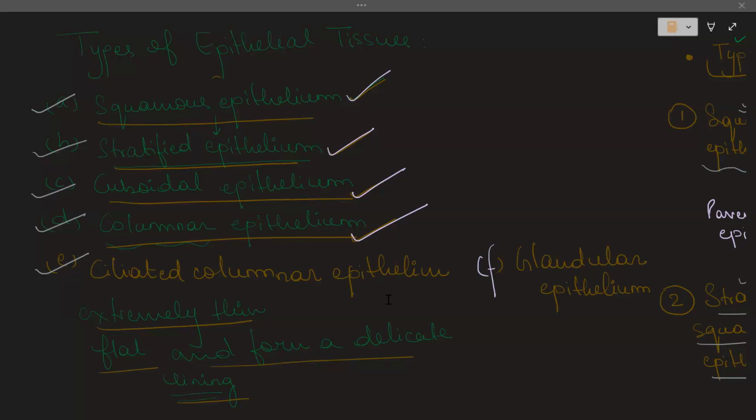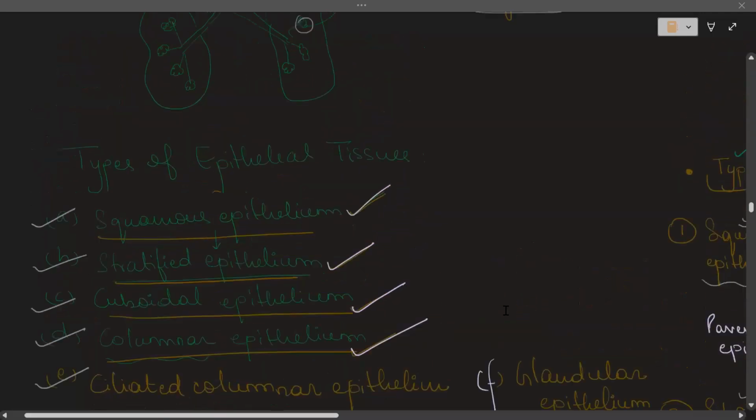Okay. Now, furthermore, we'll talk about the function and everything of each of the different kinds of tissues that we have studied up until now. Just one second. Students, tell me one thing.